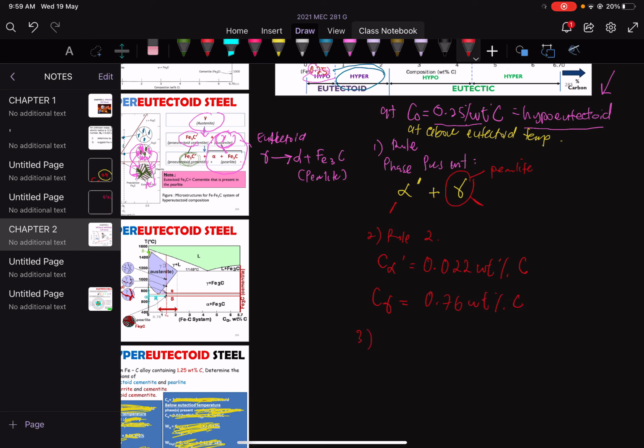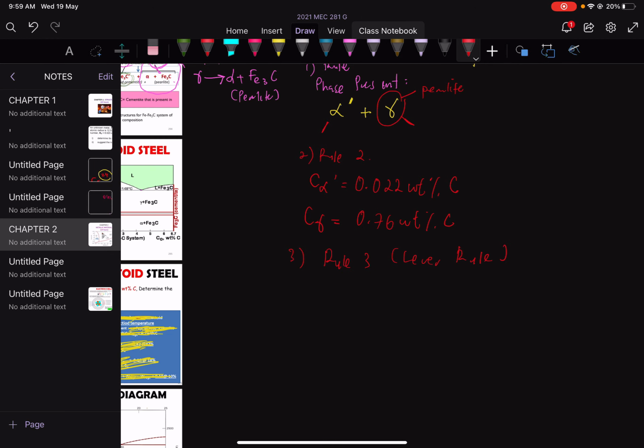And then we have to use rule number 3, which is lever rule.